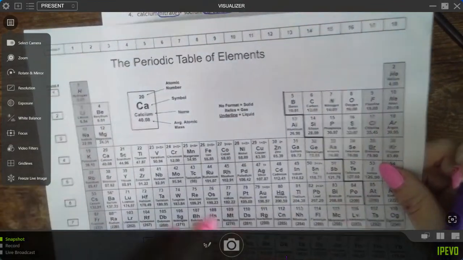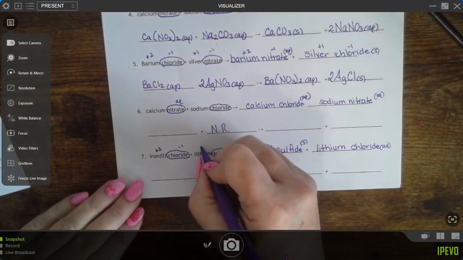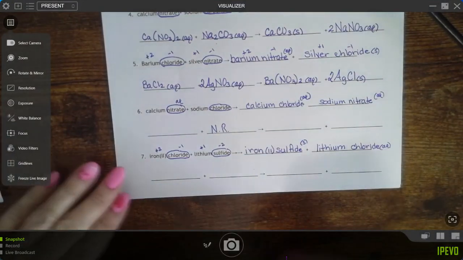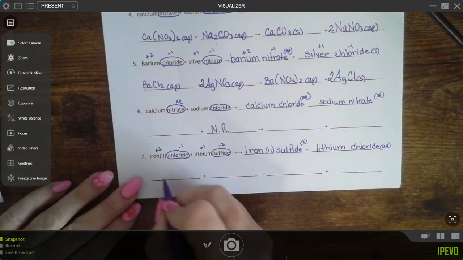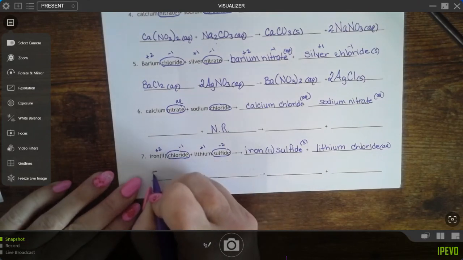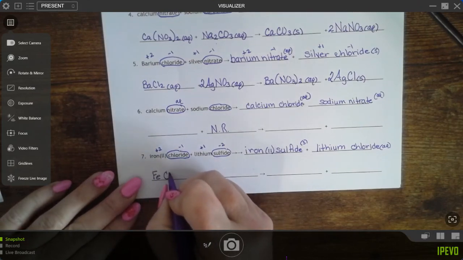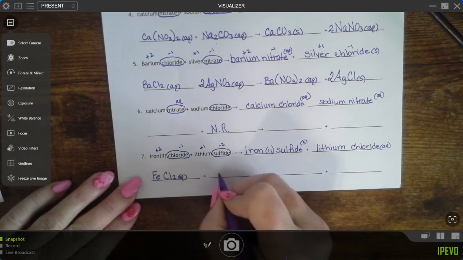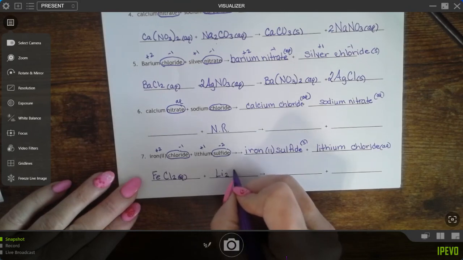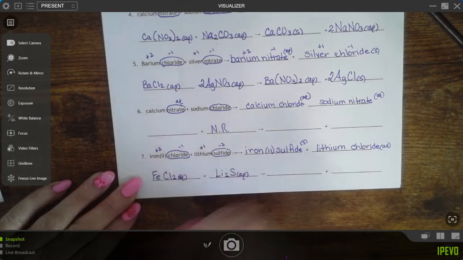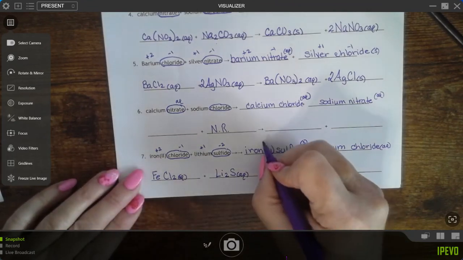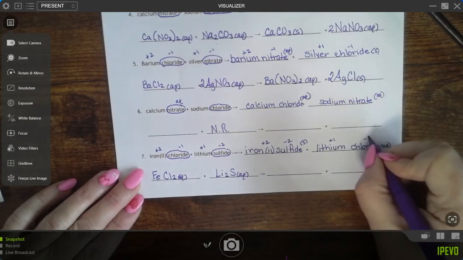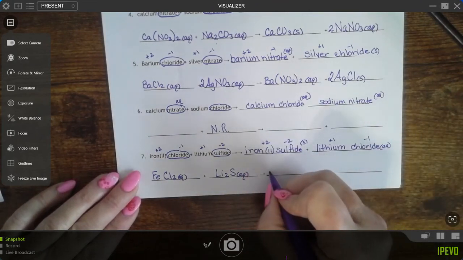Sulfide is in group 16, so it would have a -2 charge. So +1, -2. All right. So we would have iron 2 chloride, so that's going to be FeCl2 aqueous, plus Li2S aqueous, produces iron's +2, sulfide's -2, lithium's +1, chloride's -1.